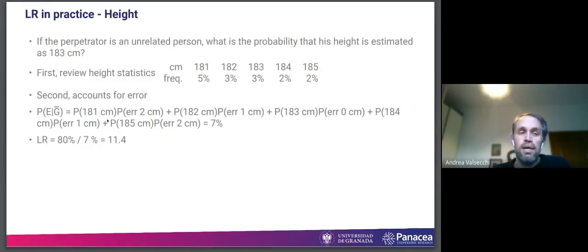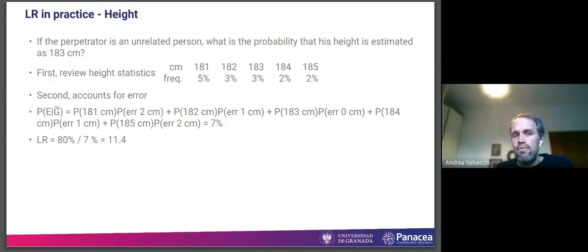And with this, we can compute the likelihood ratio, which now becomes 80% over 7%, which gave us 11. So I would like to point out that if we didn't consider the error in the estimation, on the one hand, we would have excluded our defendant because the height didn't match.